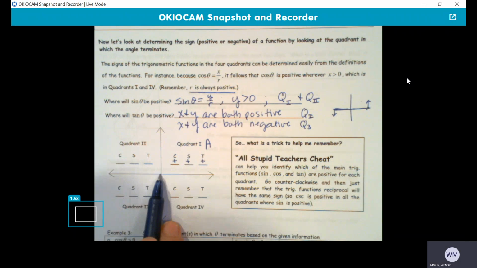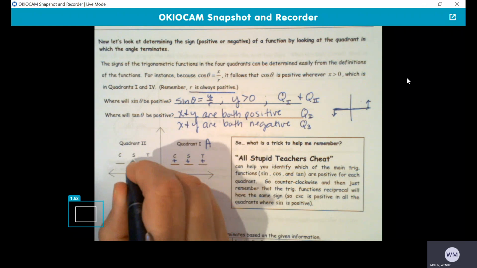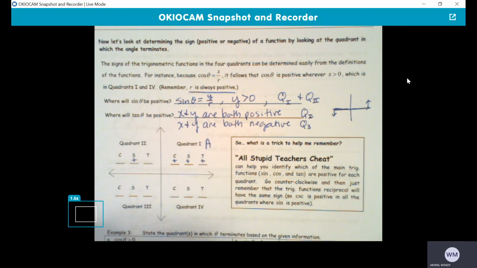But how about when we go to the second quadrant? Our x value is negative and our y value is positive. So if our y value is positive, y divided by r is our sine. So sine is going to be positive. If you look at the ratio, so look up here.